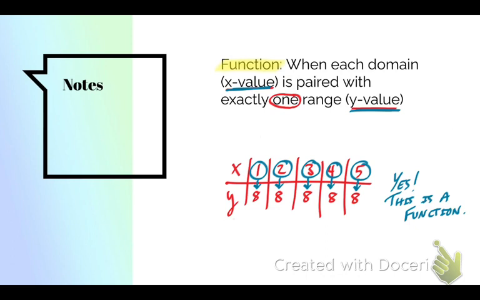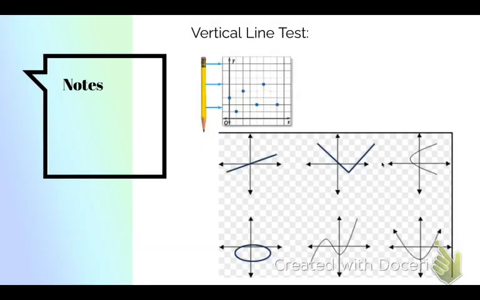All right? Now, when we're looking at functions, we can look at functions in terms of graphs as well. And we have this really nifty way to figure out if something that is on a graph is a function, and it's what we call the vertical line test.